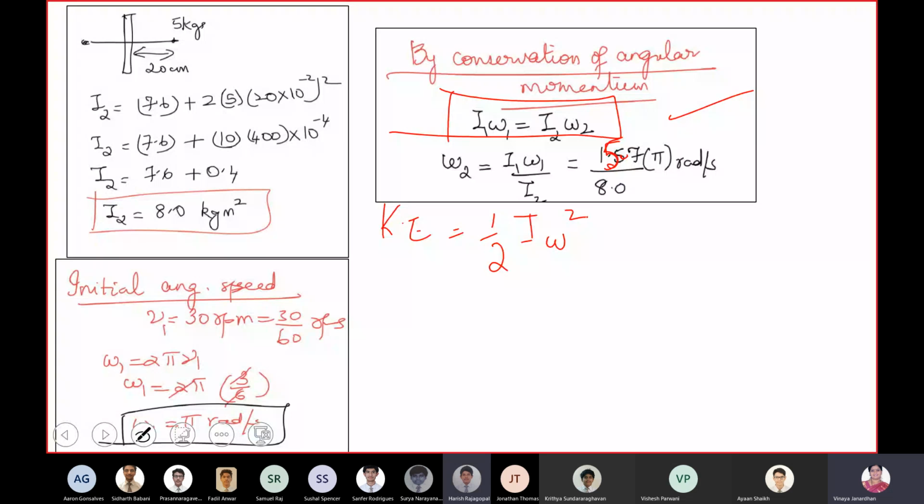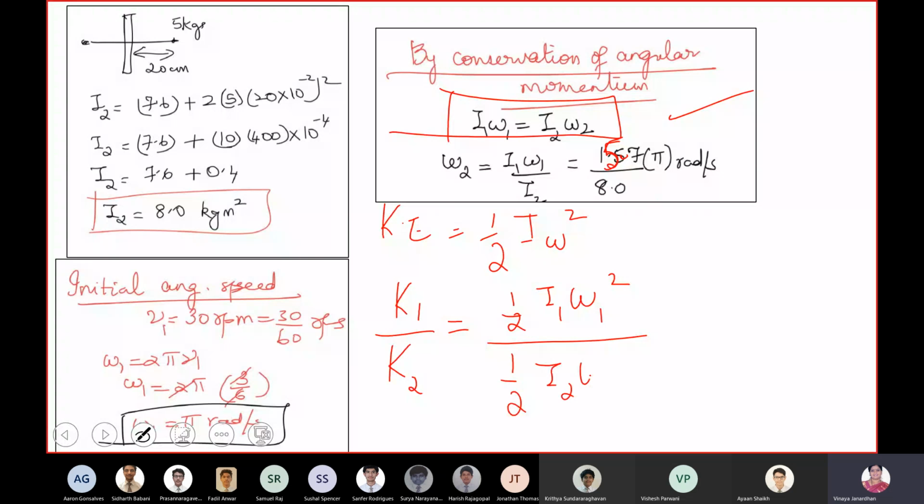So let us see the initial kinetic energy by the final kinetic energy. So what should I write? Half I1 omega 1 squared by half I2 omega 2 squared. Half and half will get cancelled.